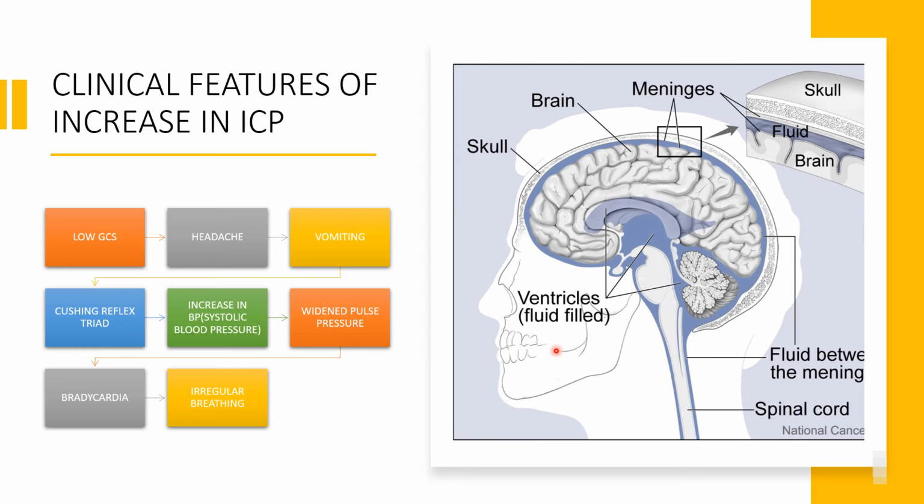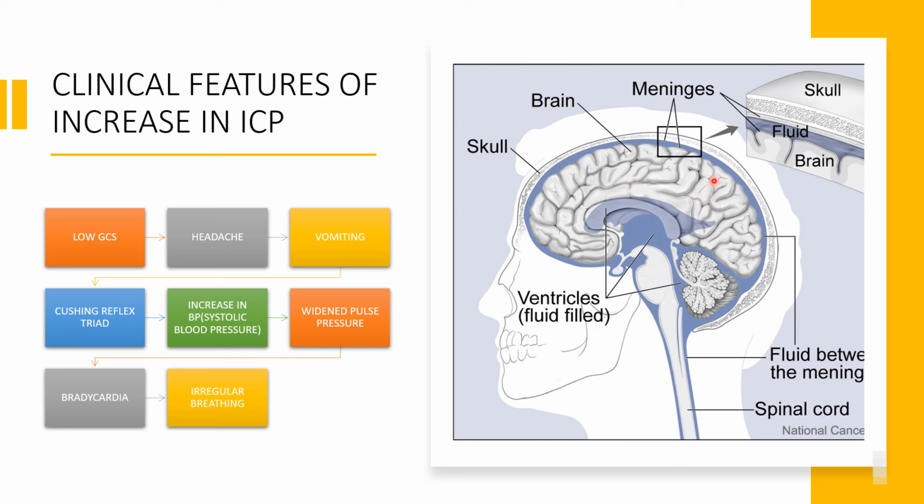First of all, in case of increased intracranial pressure, the CPP will be low, because CPP means cerebral perfusion pressure, which is equal to MAP minus ICP. So the ICP goes up, the cerebral perfusion pressure will be low, meaning the amount of blood coming inside the brain will be low.